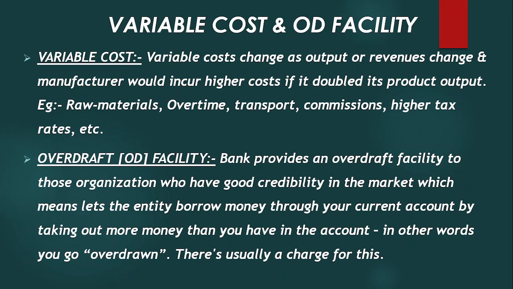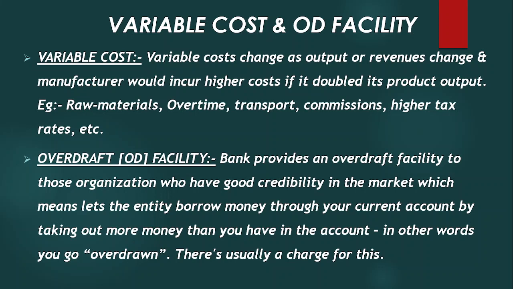Variable costs change as output or revenues change, and a manufacturer would incur higher costs if it doubles its product output. For example, raw materials, overtime, transport, commissions, higher tax rates, etc.